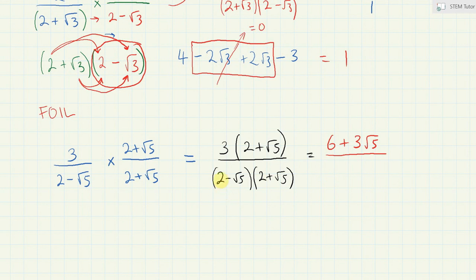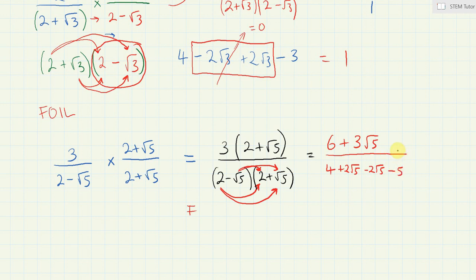Now for the bottom, remembering FOIL, so F for first, the first would be the first digit in both brackets, so 2 times 2 is 4. 2 times plus root 5 is plus 2 root 5, minus root 5 times 2 is minus 2 root 5, and minus root 5 times plus root 5 is minus 5.